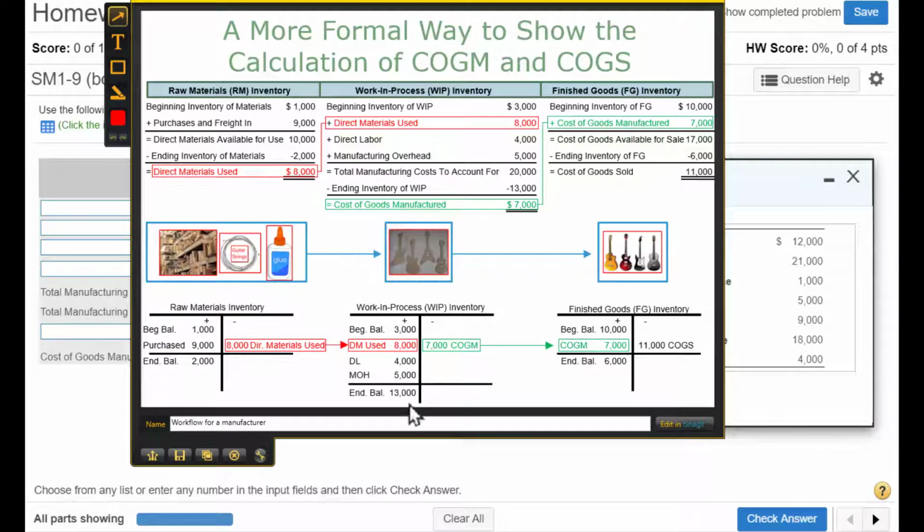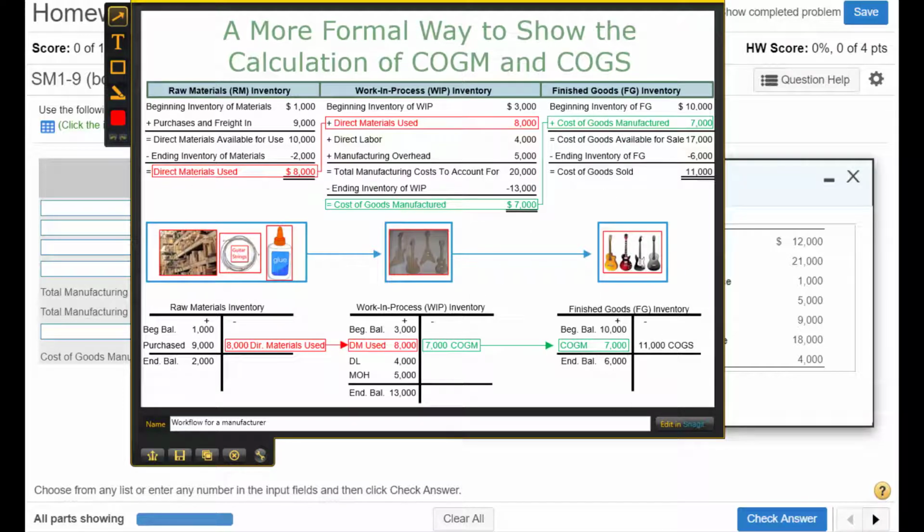So this down here is the T account method that most students can understand. The plus side, the account is going up. The minus side, the account is going down, like a direct material is being taken out of the warehouse and put into guitars that are in process. Up here, we're showing just the formula method for the same thing. So here's raw material, work in process, finished goods.